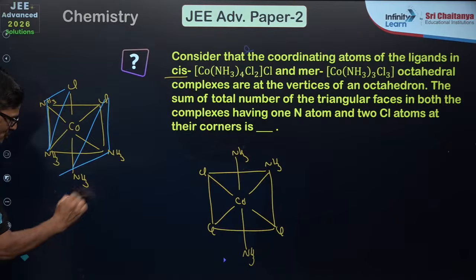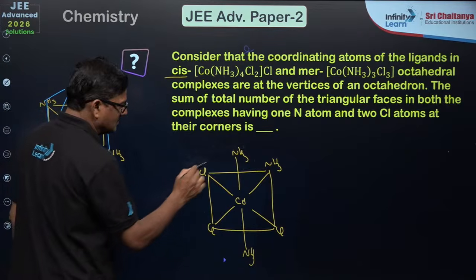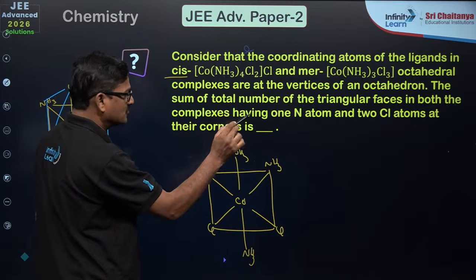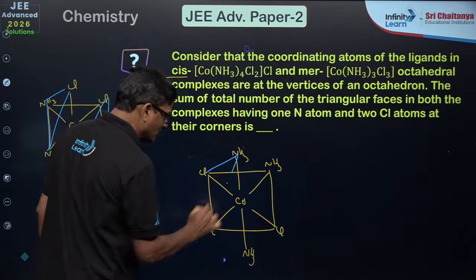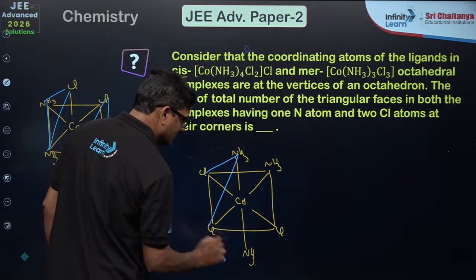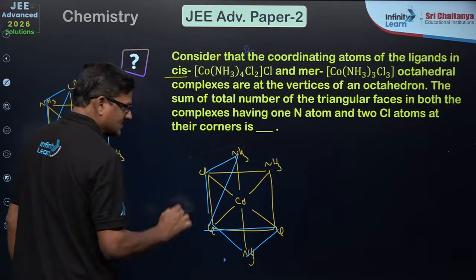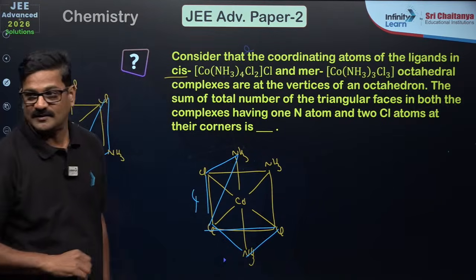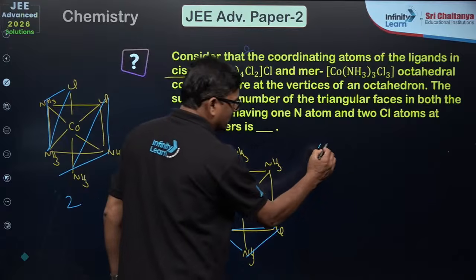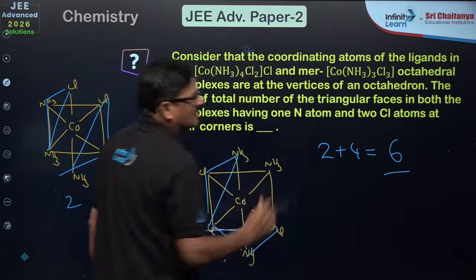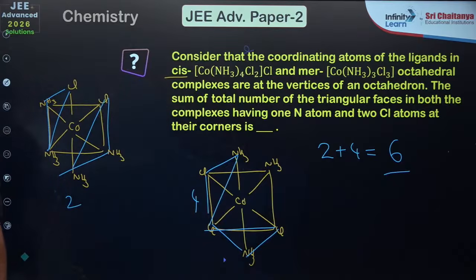So like this, two triangles I can get, in both complexes having 1 nitrogen atom and 2 chlorine atoms, and on the other side, 4 triangles you are going to get. So the total number of triangles is 2 plus 4, which is 6 triangles you will be getting. Any doubt?